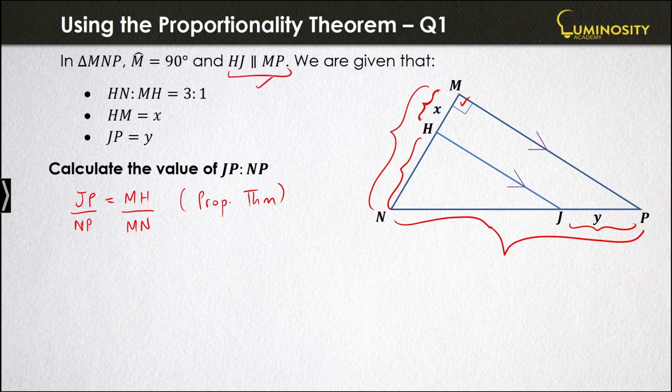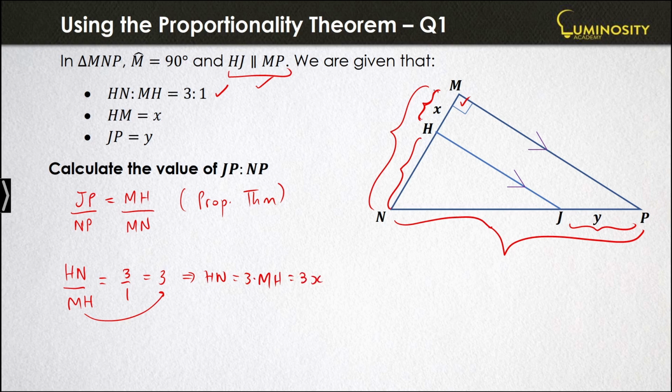Alright, we know the length of MH is X, so we just need to work out the length of MN. But we were given this information here: HN over MH is equal to 3/1, which is 3. So that means the length of HN, if I multiply both sides by MH, is 3 times MH, but MH is given as X, so that's 3X.